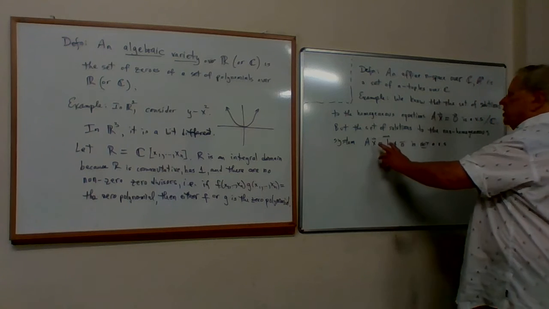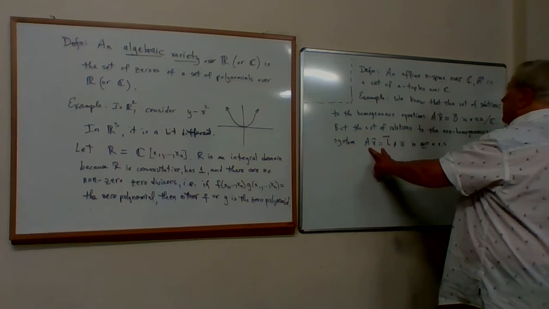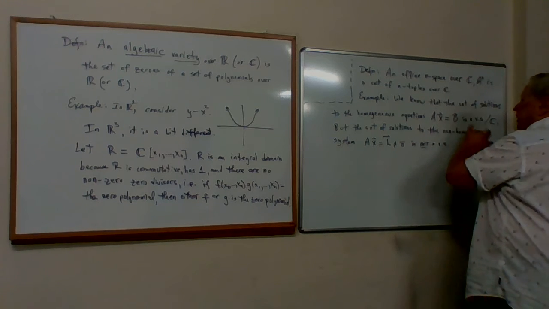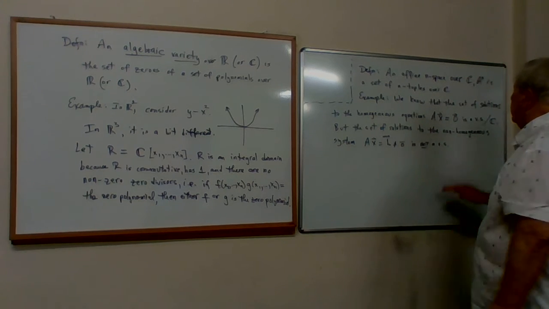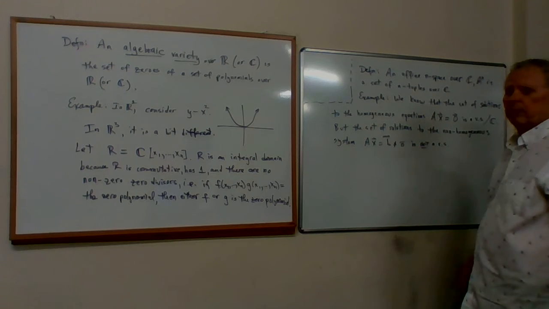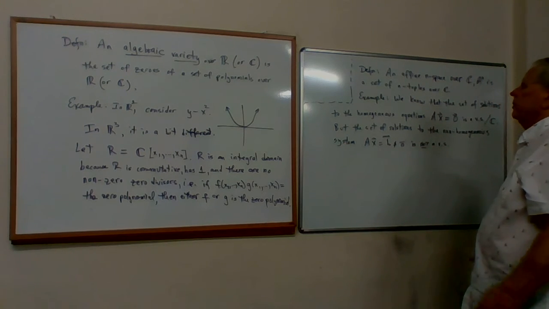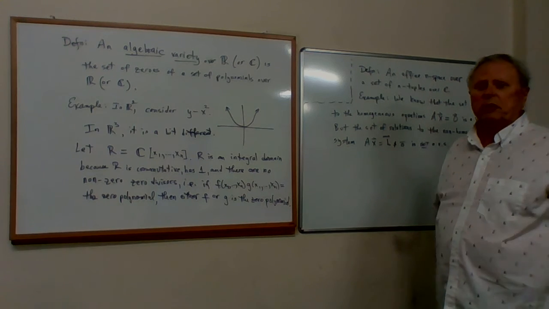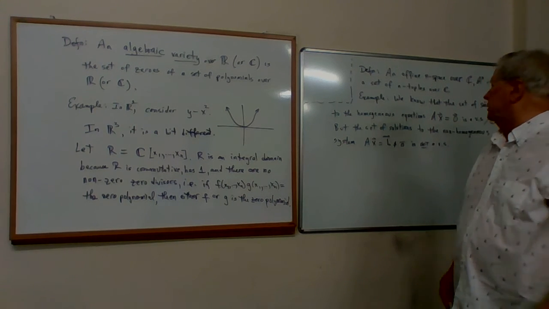Now, what's the relation between the set of solutions of this equation and the set of solutions of this equation? The answer is, if you take this vector space and you translate it by the non-zero vector, then you get something that looks very much like that vector space, except it doesn't have a zero in it. It's not a vector space.